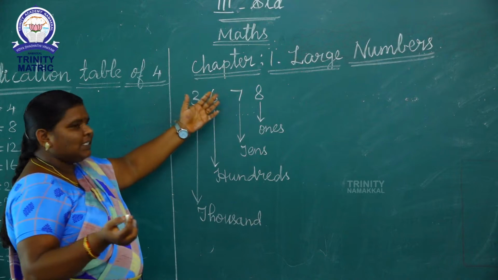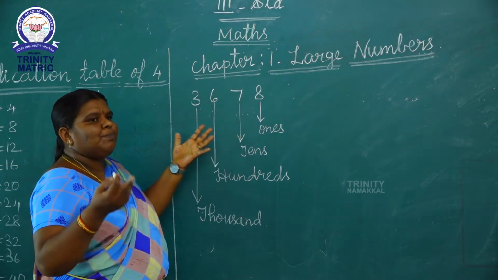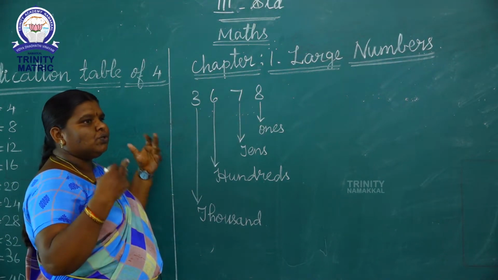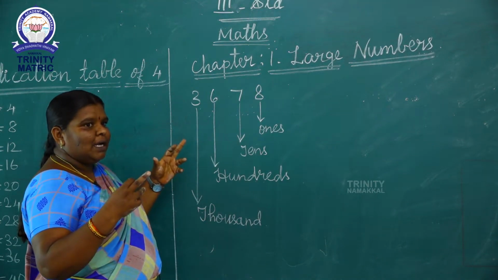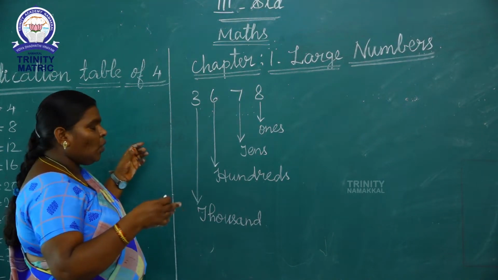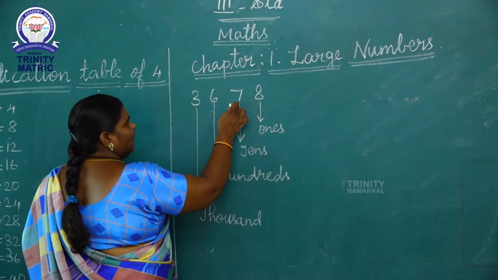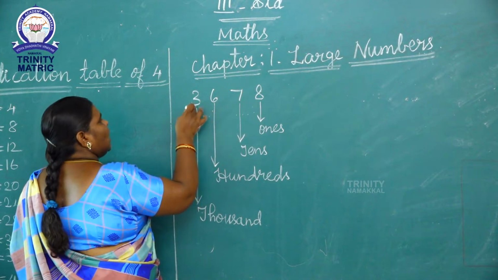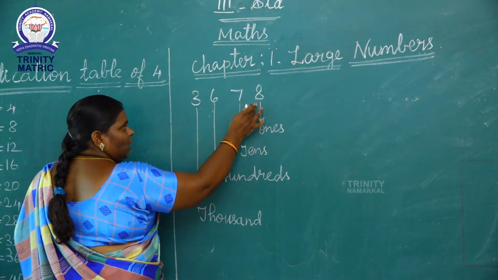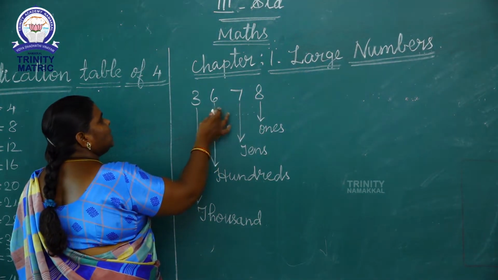Now I write a 4-digit number. You understand the place value. It is very useful to read the number and write the spelling also. So first you understand the place value. Ones, tens, hundreds, thousand. I say again, ones, tens, hundreds, thousand.